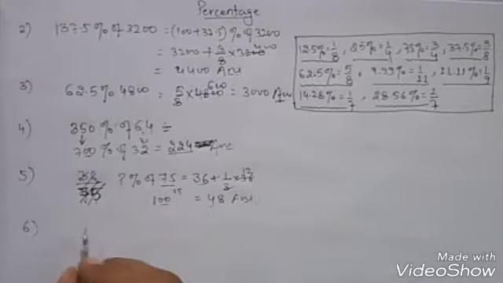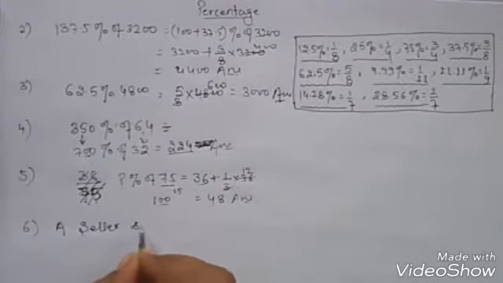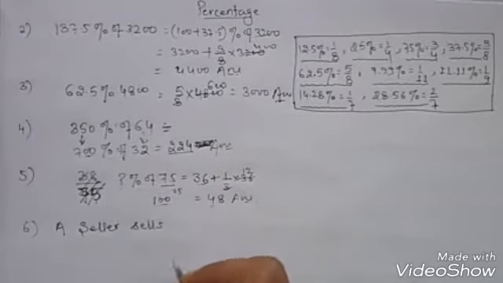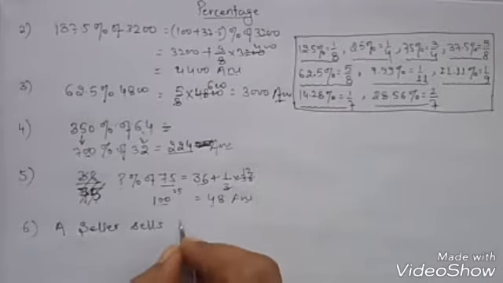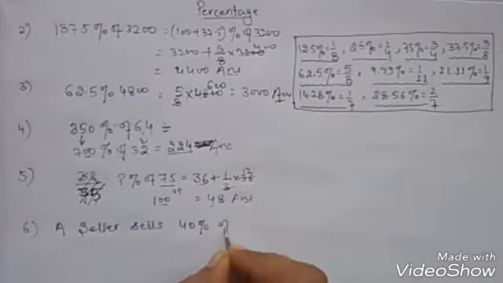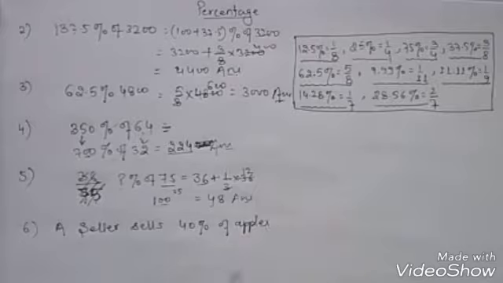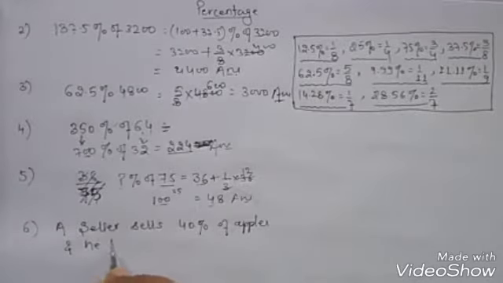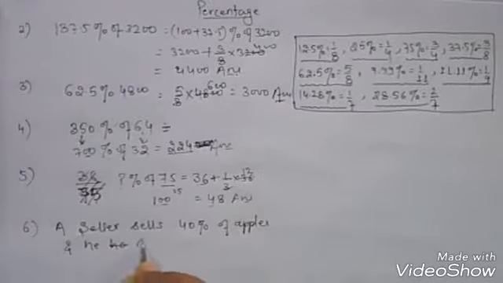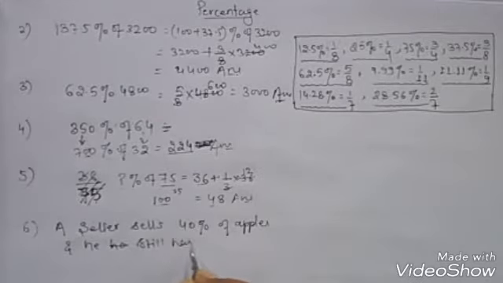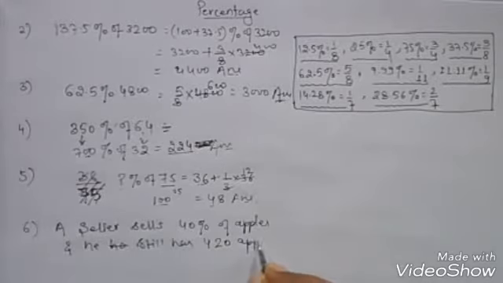Now come to the sixth question. For example, a seller sells 40% of apples and he still has 420 apples, right?